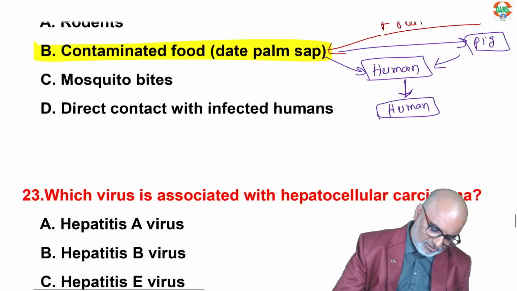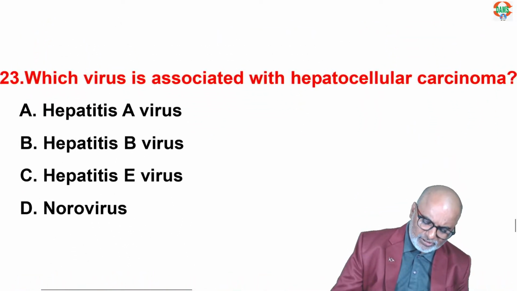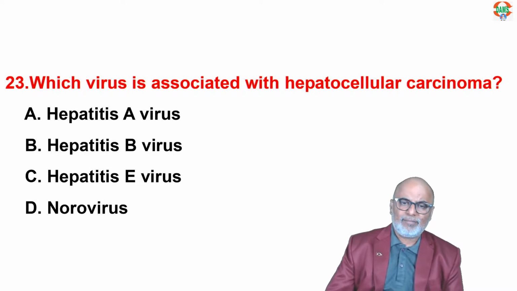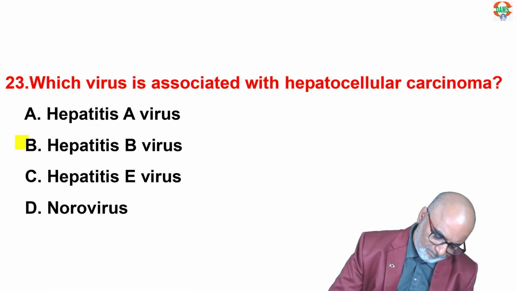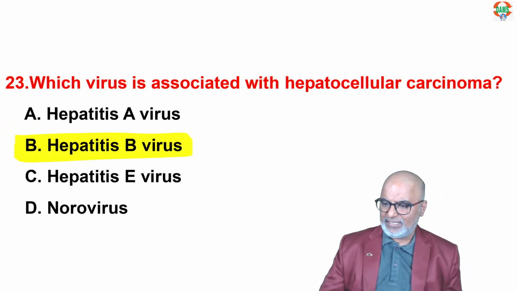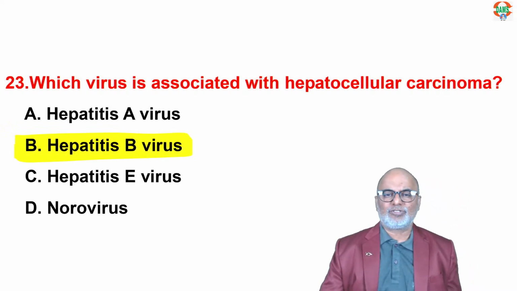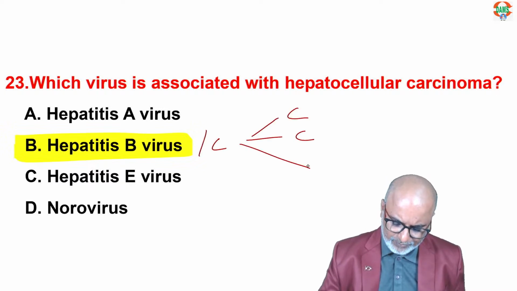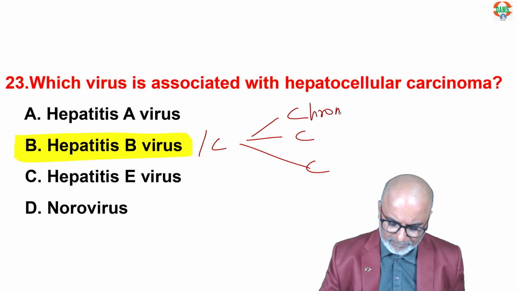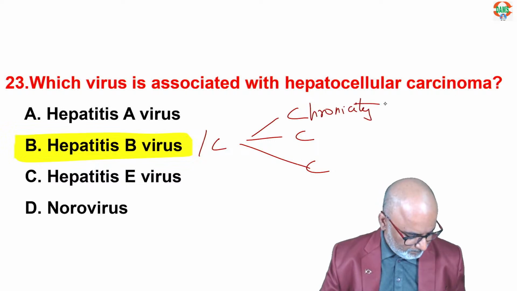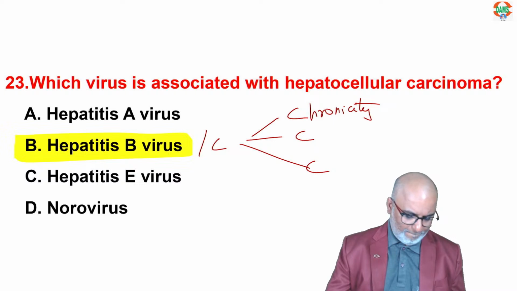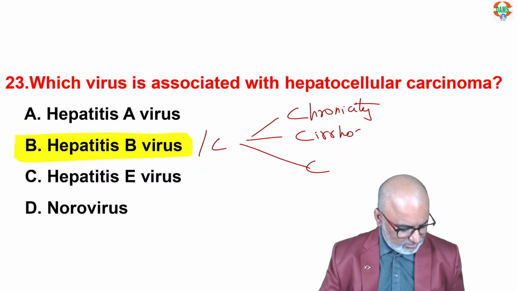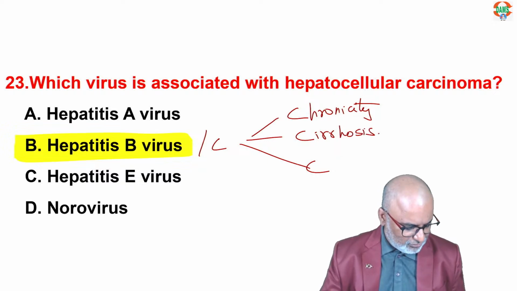Next is, which virus is associated with hepatocellular carcinoma? Hepatocellular carcinoma is associated with hepatitis B and C. Remember, hepatitis B and C cause the three Cs: chronicity, cirrhosis, liver damage, carcinoma. Mosquito, malaria.